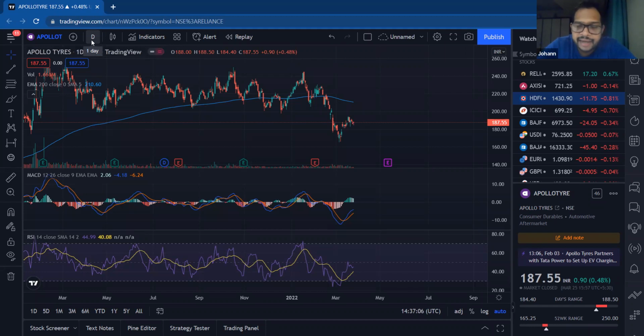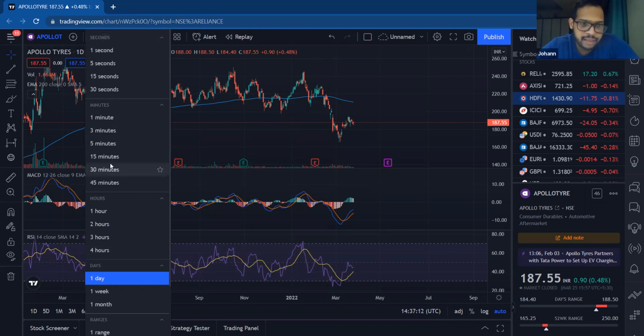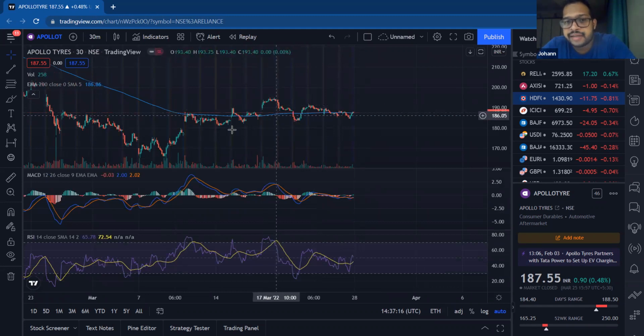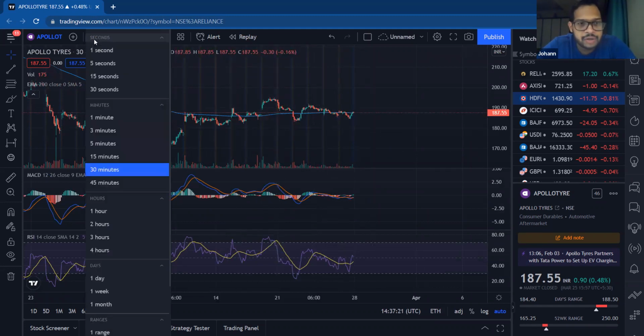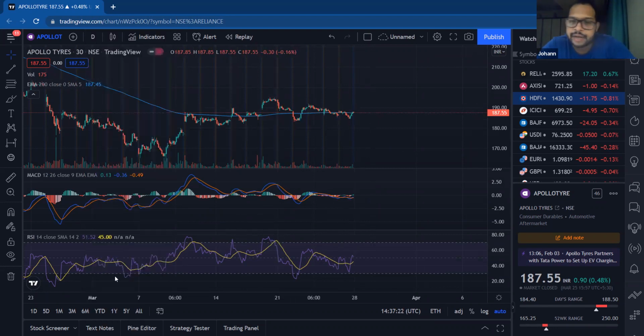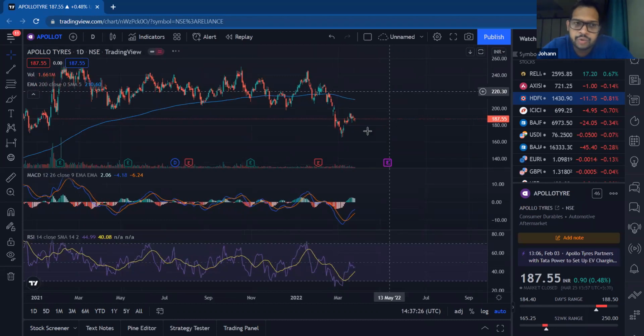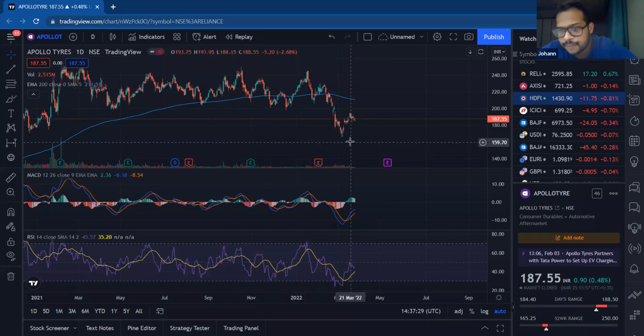So when it's on day, that means every day it will get updated. If you change this to let us say 30 minutes, that means every 30 minutes this blue line will get updated. Okay, so this is how you judge the time frame of it. So preferably for swing trading and things like that, you need to be on the daily chart.